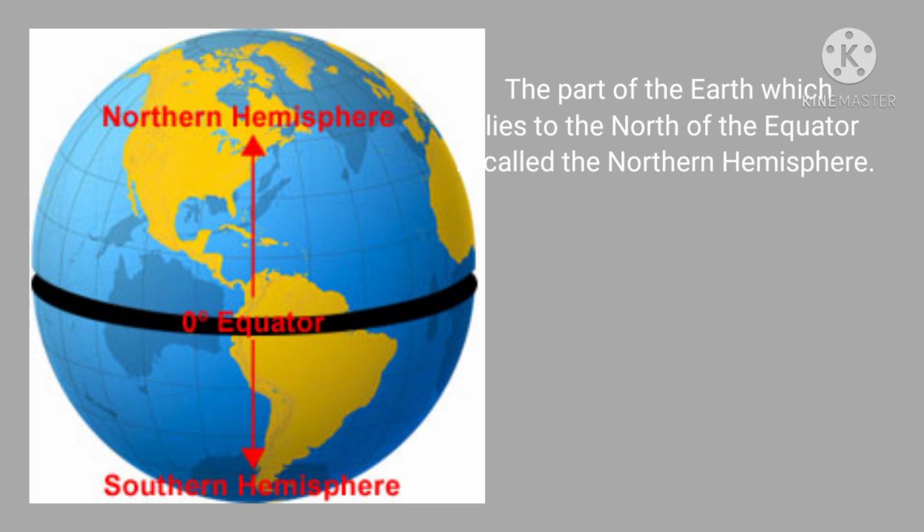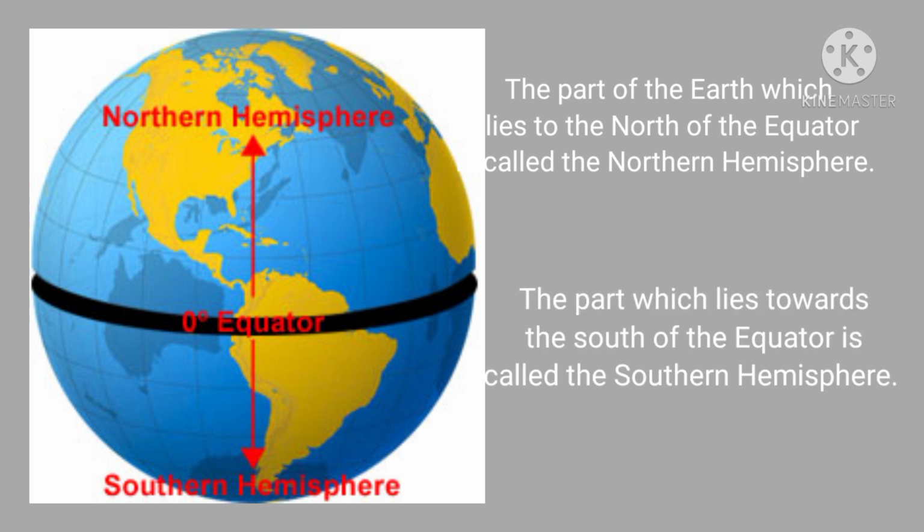The part of the earth which lies to the north of the equator is called the northern hemisphere, and the part which lies to the south of the equator is called the southern hemisphere. This we have discussed in the last video.